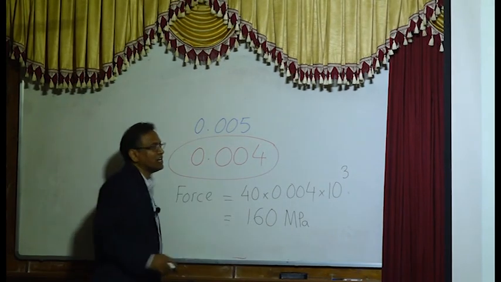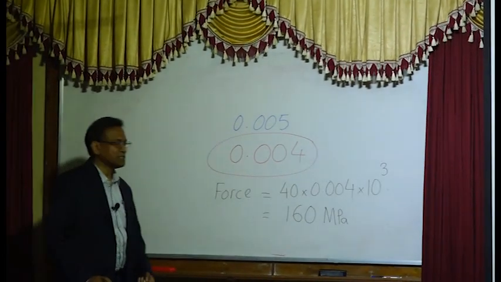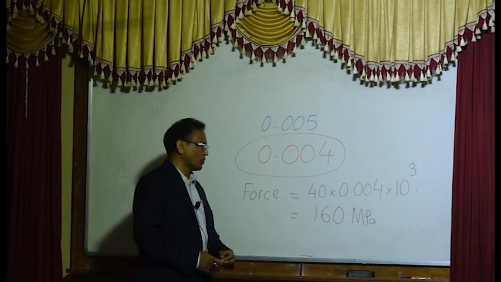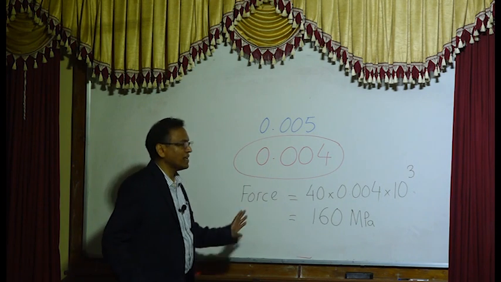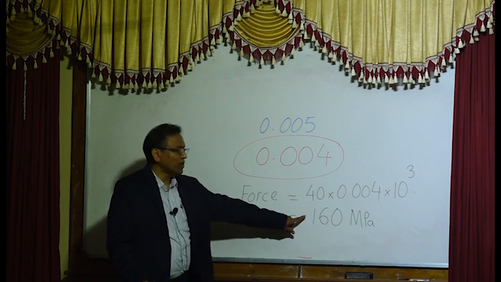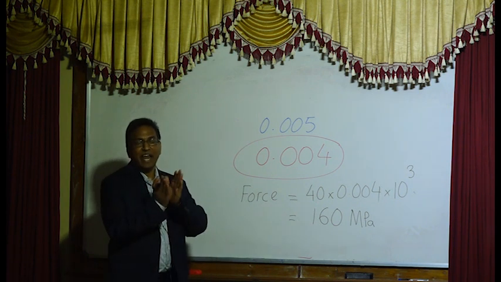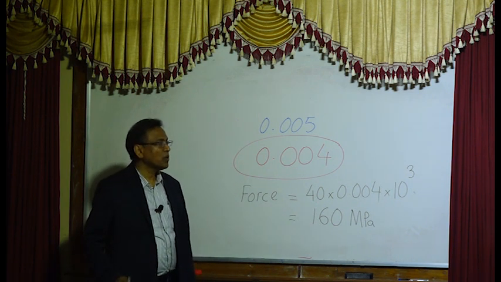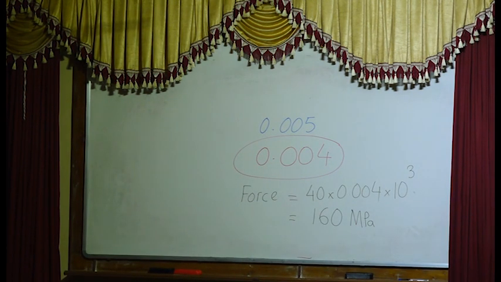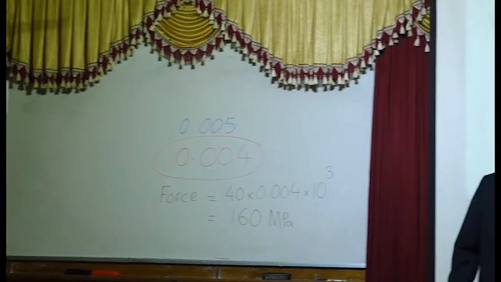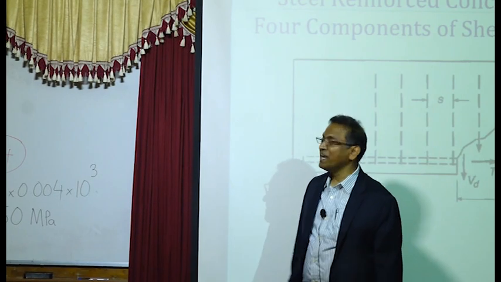If I had a steel stirrup, what would that be? It could be close to 400 MPa, right? 415, that's the maximum anyway. So you are losing strength here because of the crack width limitation. What I am highlighting here is there are many advantages to FRP reinforcement in reinforced concrete, but there are also many limitations.